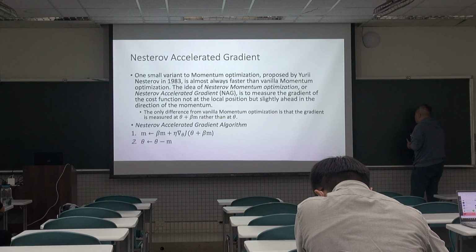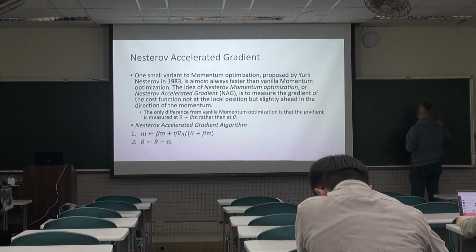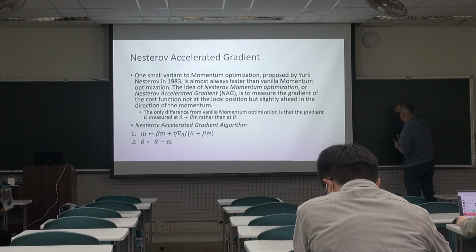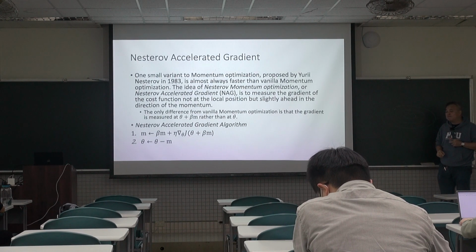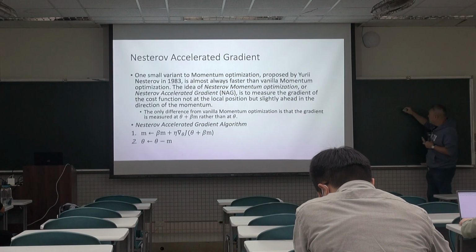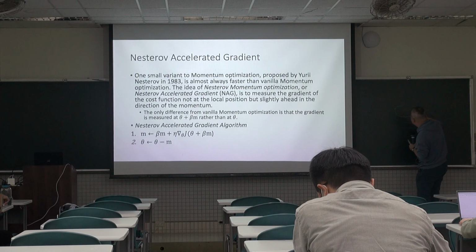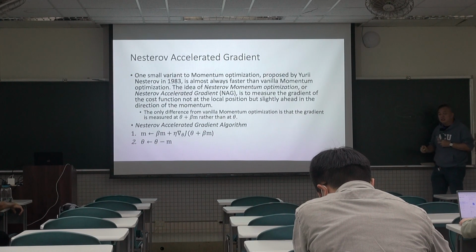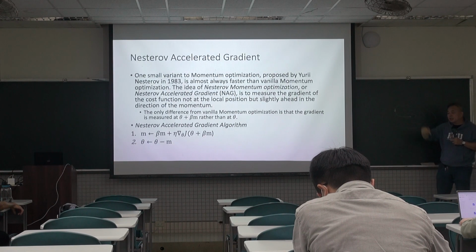Again, let me use the elongated ball as an example. When you are here, what is the momentum you obtain? Remember, the movement direction is somewhere like this, going downward.